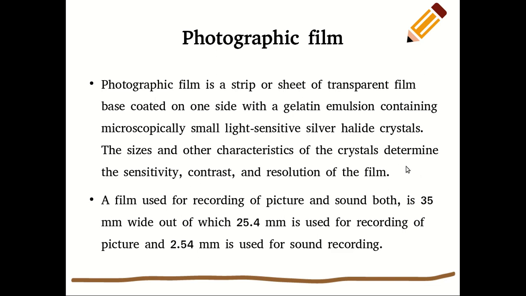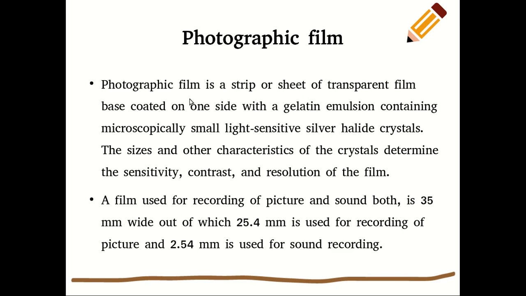So, a photographic film is nothing but a strip of transparent film base coated with some photosensitive material like silver halide crystals. As I have said before, on photographic film, the data is stored in the form of light.